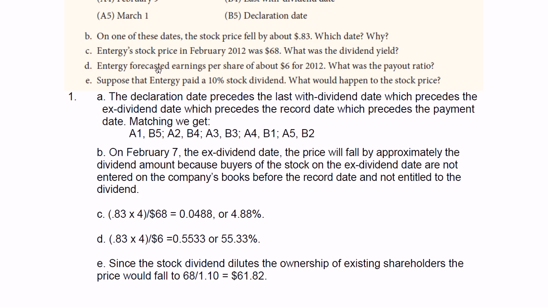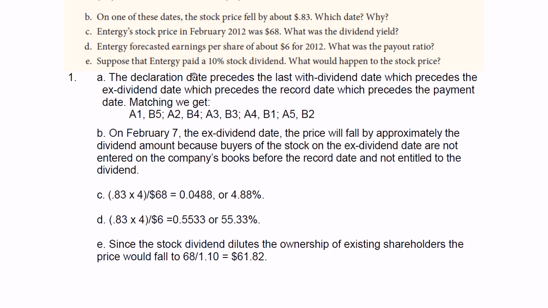D. Entergy forecasted earnings per share of about 6 for 2012. What was the payout ratio? The same calculation. Each year, 4 quarters, each quarter $0.83, and this is over the earnings per share. So the payout ratio is actually 55%.